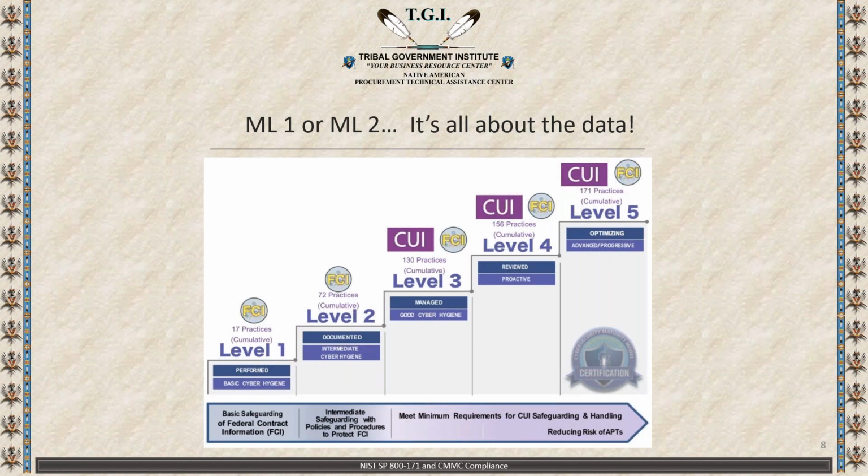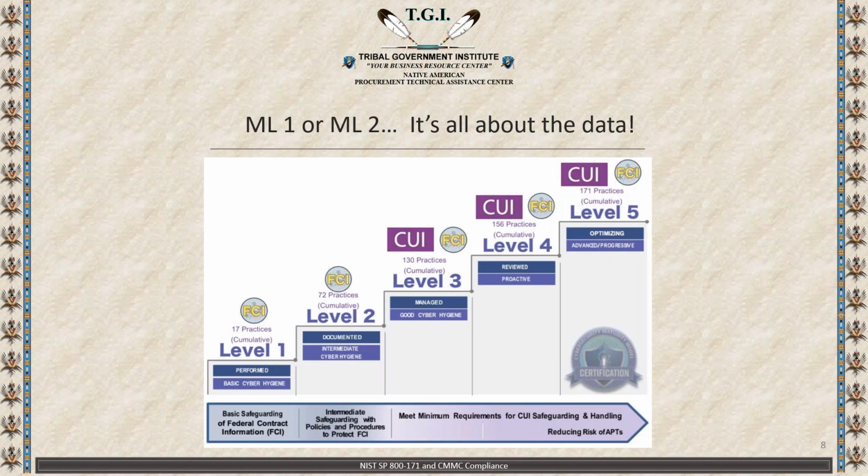If the data is defined as being technical and part of anything that pertains to a DoD contract, then you will need to be at CMMC maturity level 3 because you are dealing with CUI at that point.